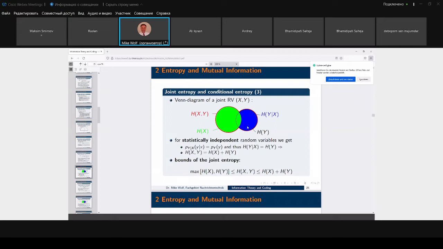And we had a nice example, in my opinion, where if we know y, we also know x. So the joint entropy H of x comma y, this red area, can't be larger in this example than the entropy of y. But in this example, of course, H of y was larger than H of x. Here is just the opposite.